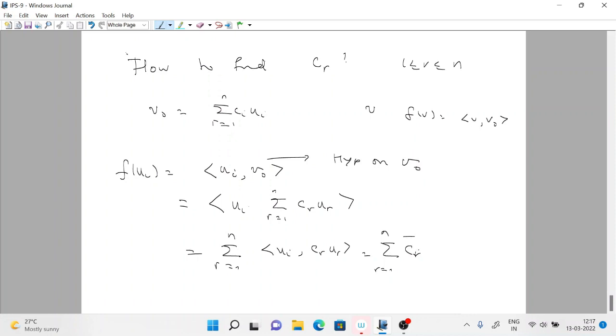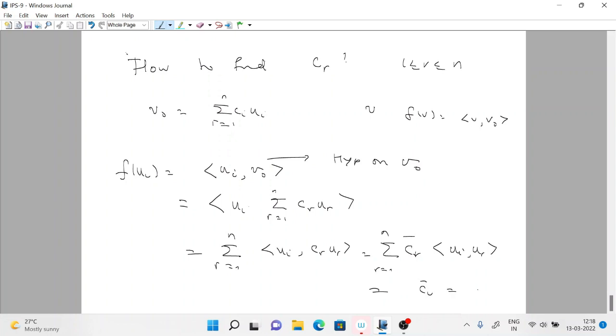So I don't have to distinguish whether the inner product space is over R or C. I can always use the bar in the second variable. When I take the scalar in the second variable, I can use the bar without any problem. Please understand, these are the beautiful things you should understand. Therefore, this is nothing other than Ui with Ur. Now i is fixed, r is varying, therefore the only surviving term will be Ci bar.